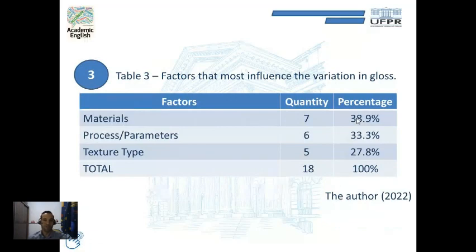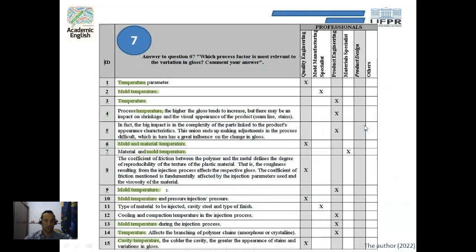Factor that most influences the gloss variation. We have these options: material, process parameters, texture type, and top one has 7 answers, 38.9%. Here we have an open question, question 7, that asks which process factor is most relevant to the variation in gloss.